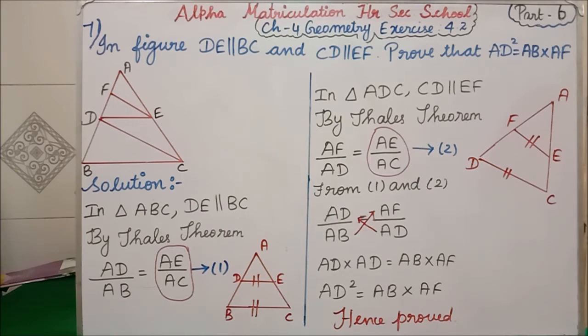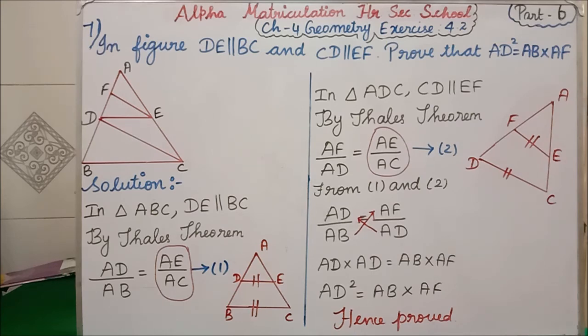So with this 7th problem, we have proved based on the Thales theorem and its converse. Next, in the part 7 video, we are going to see the next theorem, theorem number 3 and theorem number 4. Students, up to the 7th problem in exercise 4.2, the problems are based fully on Thales theorem and the converse of Thales theorem.